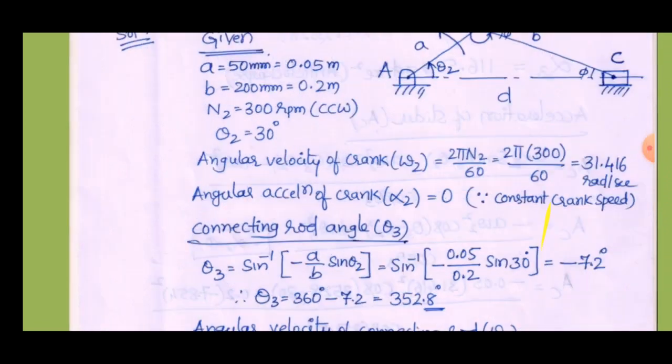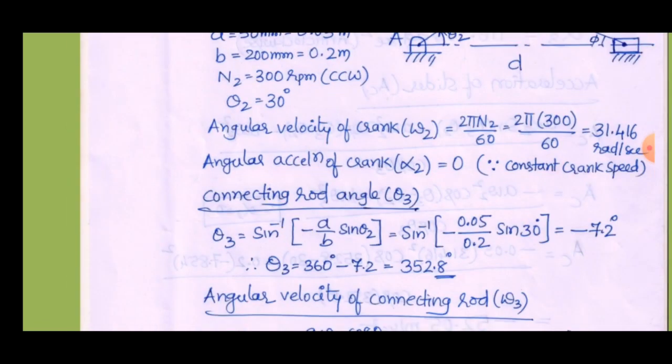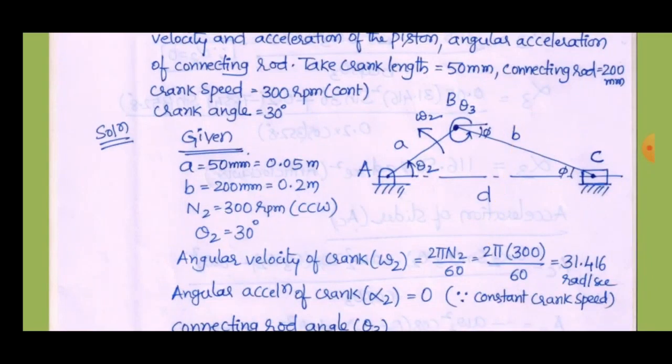Next, take the first formula, that is the connecting rod angle: theta 3 is equal to sine inverse of minus a by b sine theta 2, from our formula list. A is 0.05, b is 0.2 and theta 2 is 30. If I substitute and simplify, it will be minus 7.2 degrees. But actually in the figure, theta 3 is measured anti-clockwise.